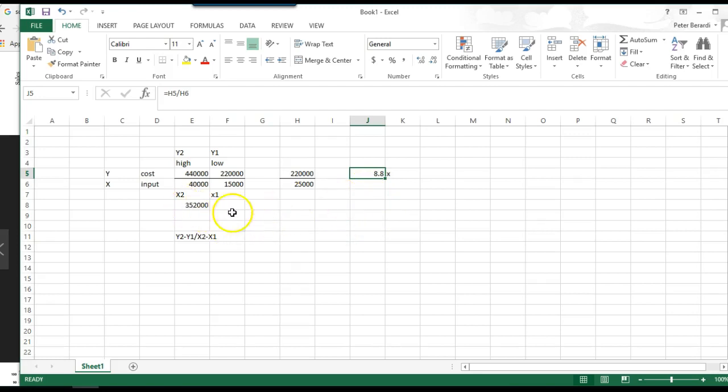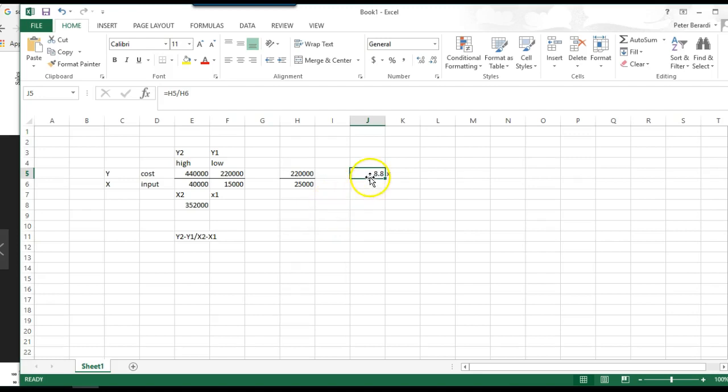So if we simply take the 8.8 and multiply it by the highest input of 40,000, 40,000 times 8.8 gives us the total variable component of y equals mx plus b.